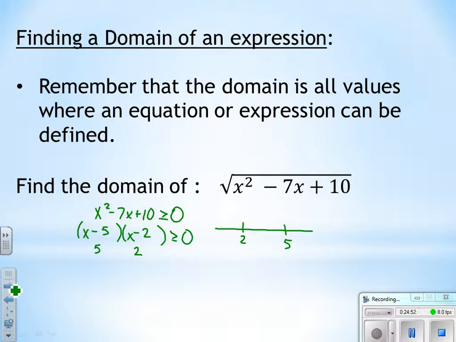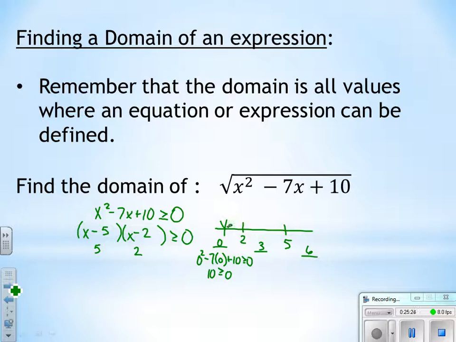Let's pick a number that's under 2. I'm going with my trusty 0. Choose a number in between, let's go 3. And above, I'll go with 6. All right, plugging 0 in: 0 squared minus 7 times 0 plus 10 greater than or equal to 0. So 10 greater than or equal to 0, that is a yes.